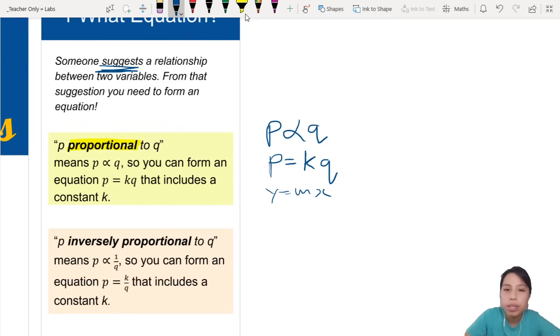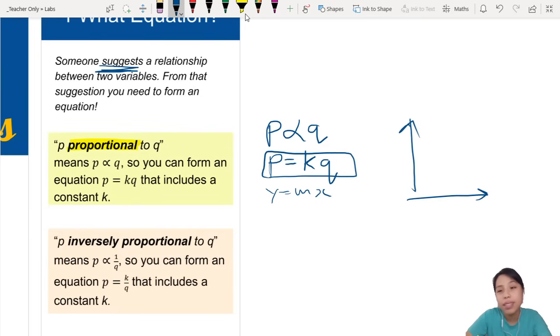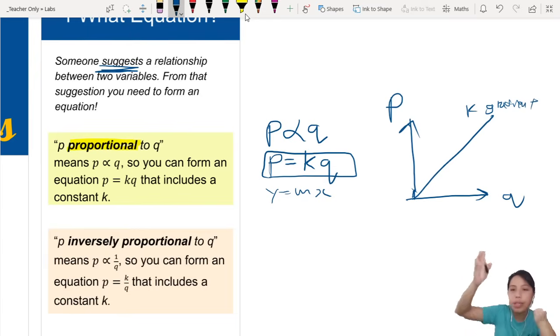So whenever you see this, first go and see what they propose, and write the equation like this one. Just FYI, this graph will look something like this, P against Q. You're not supposed to draw graphs, but just so you know. And K is the gradient. That's what it means: P proportional to Q, a straight line graph of P against Q.